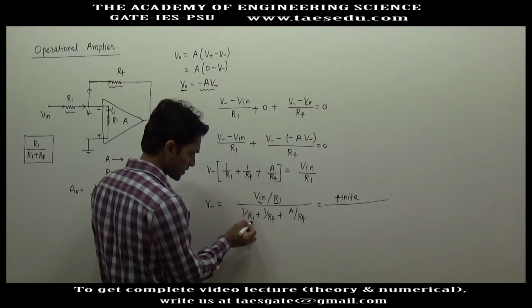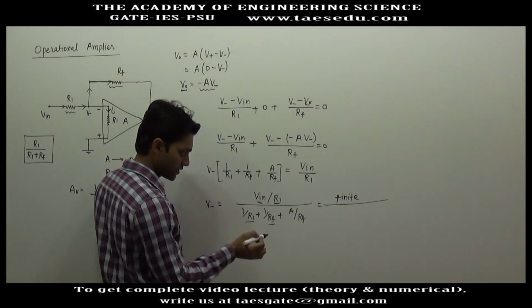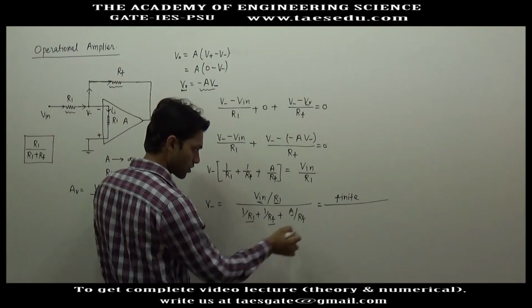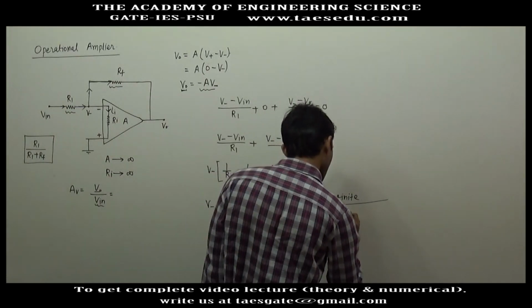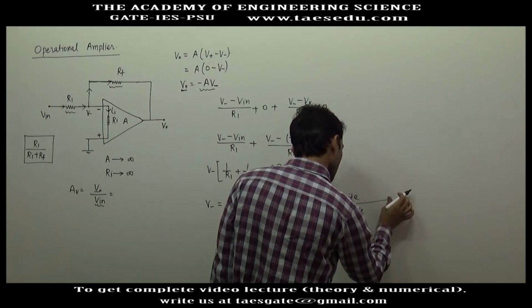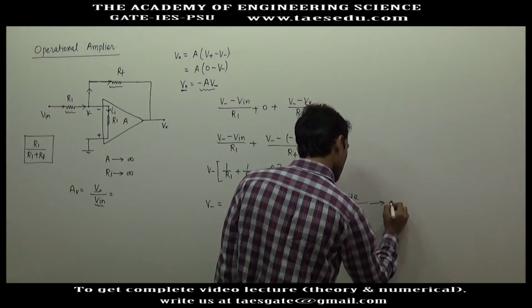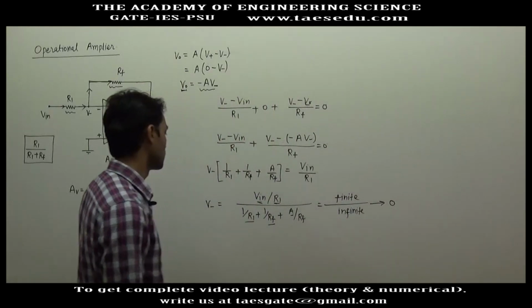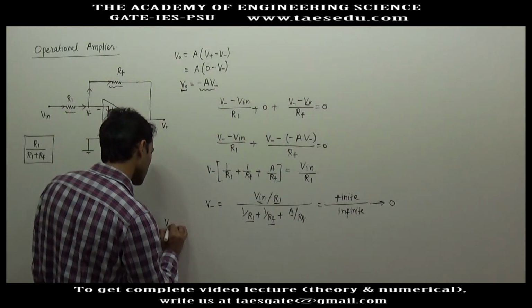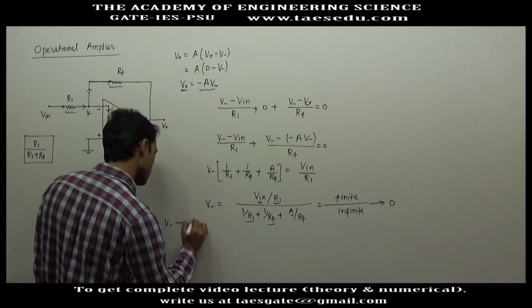Here this is finite, but the open loop gain tends to infinity. So overall in the denominator you will have an infinite quantity, and finite divided by infinite will tend to 0. So what you are getting here is V minus tends to 0.